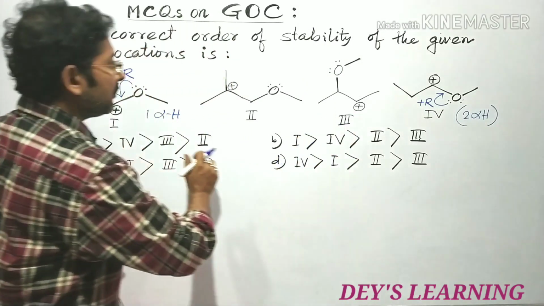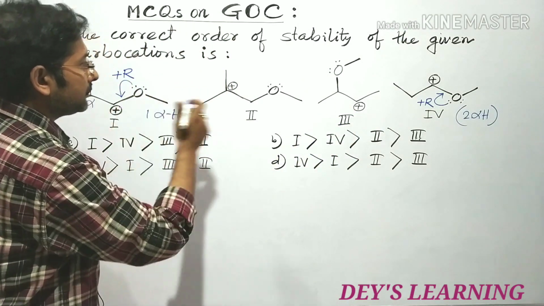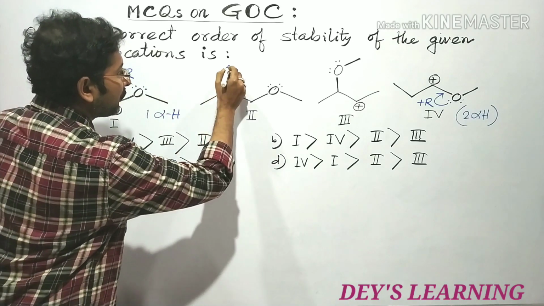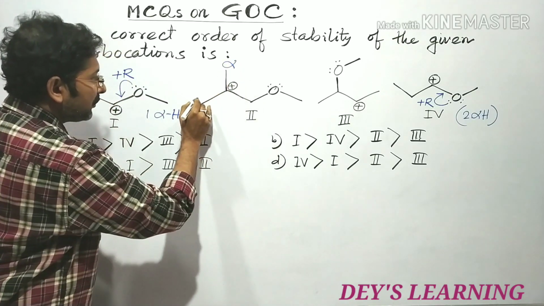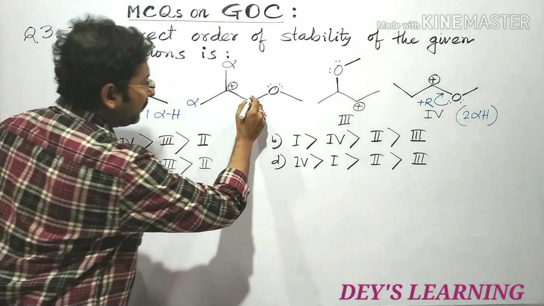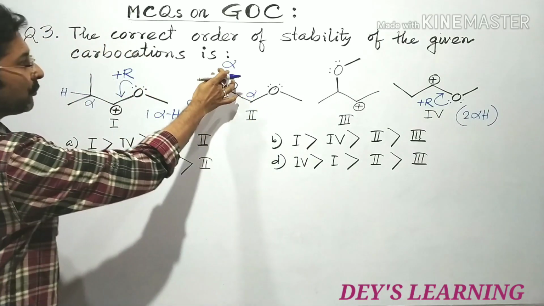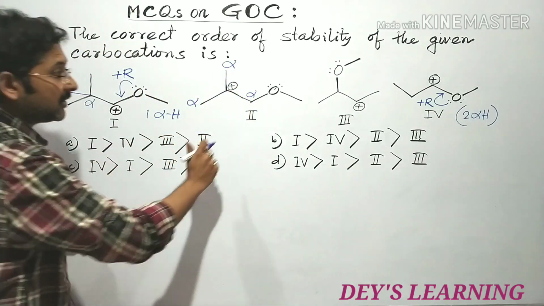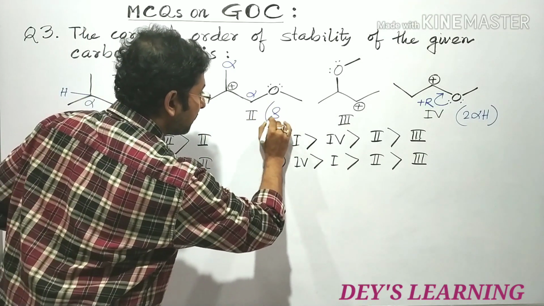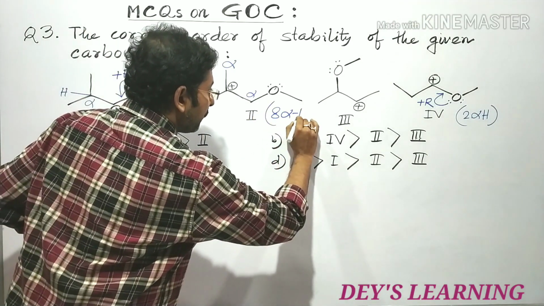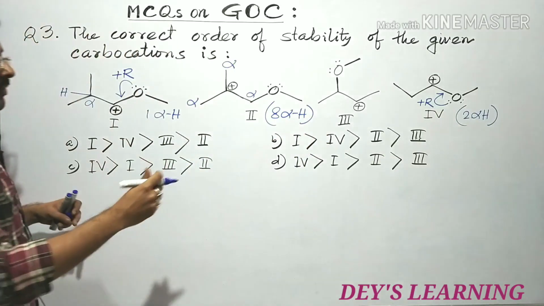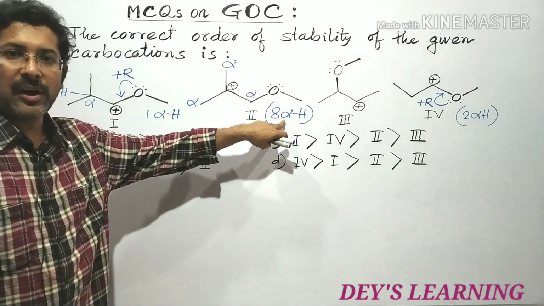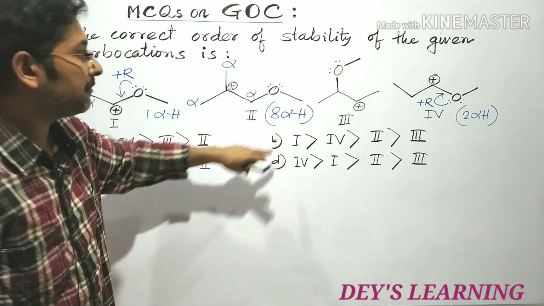कंपाउंड 2 and 3 के बीच देखो, this carbocation contains, this is your alpha carbon, this is your alpha carbon, and again this is your alpha carbon. So 3 and 3, 6 and 2, 8. There are 8 alpha hydrogens. These alpha hydrogens are involved in hyperconjugation.